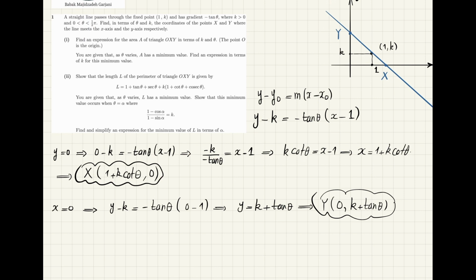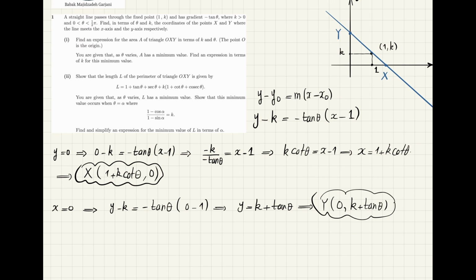Okay. Now we can move on to the first part of the problem, actually. So let me read this part for you. Find an expression for the area A of triangle OXY in terms of k and theta. And it is mentioned that the point O is the origin.